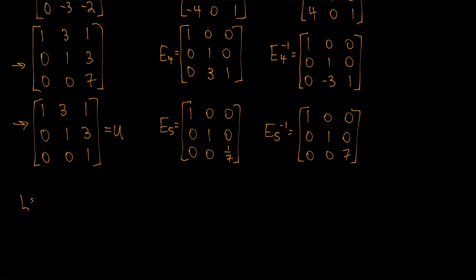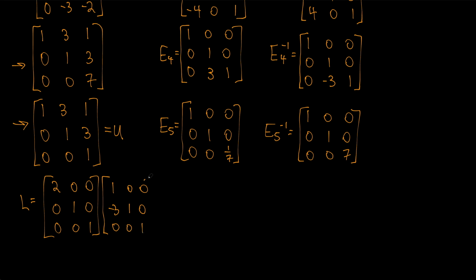So now we have that L is just all of these E inverses multiplied by each other. So I have 2, 0, 0 was our first one, 0, 1, 0, 0, 0, 1, multiplied by 1, 0, 0, minus 3, 1, 0, 0, 0, 1.